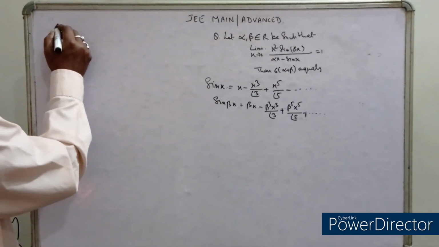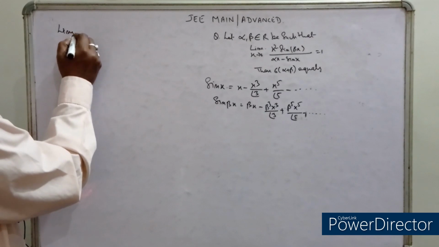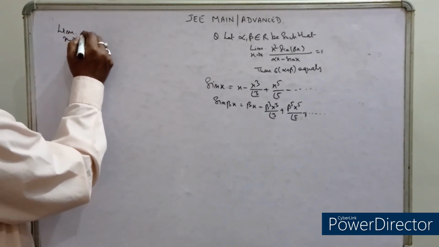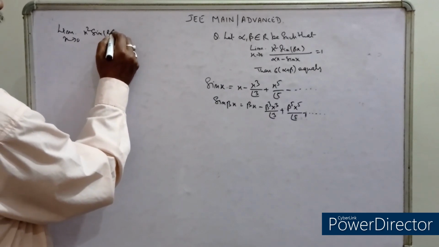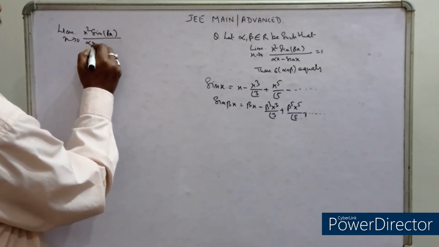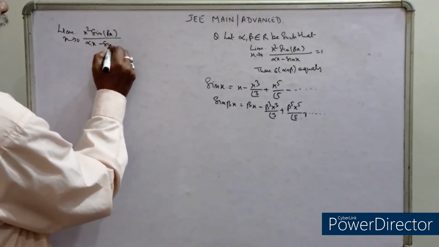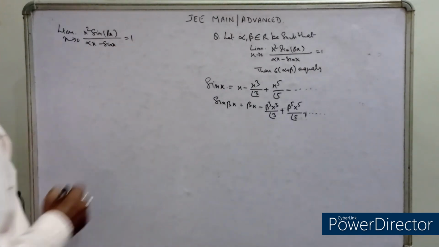Here again, limit x tends to 0 of x square sin beta x by alpha x minus sin x equal to 1.